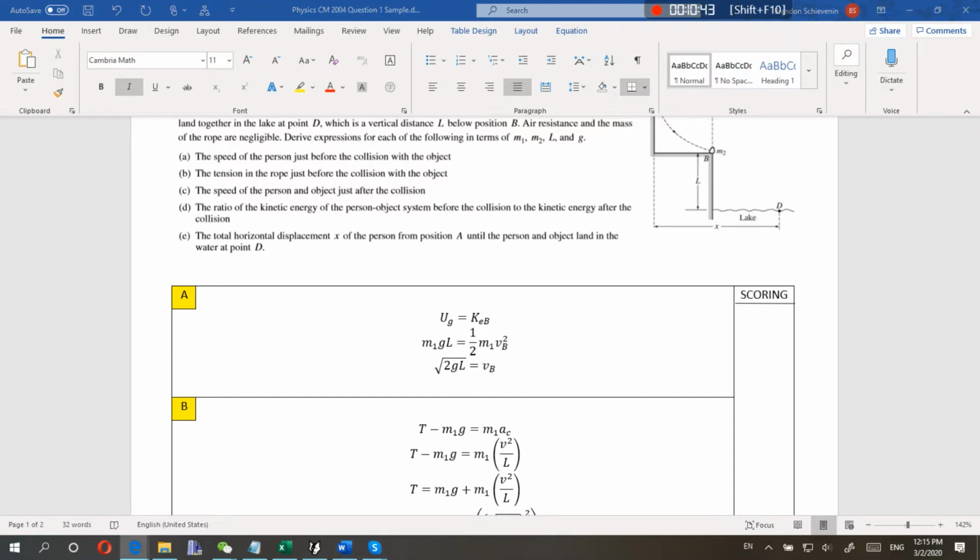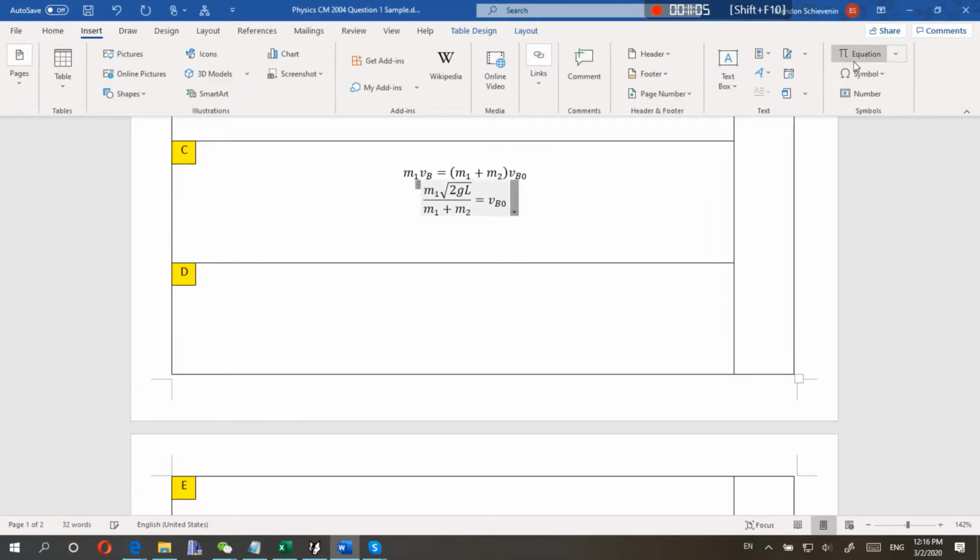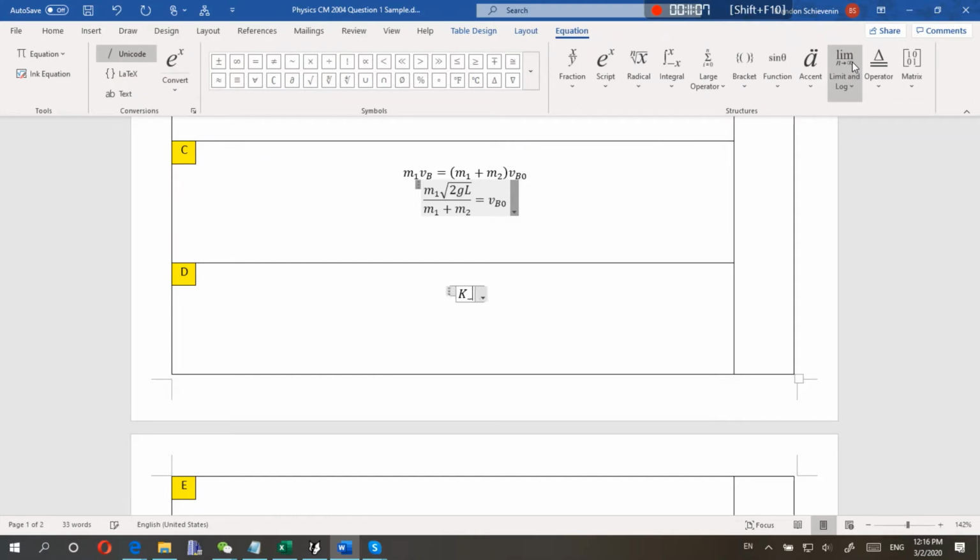Okay. Part D. I want to know the ratio of the kinetic energy of the person-object system before the collision to the kinetic energy after the collision. So we'll just get those kinetic energies individually, I guess. So before the collision, that's half M1 VB squared.